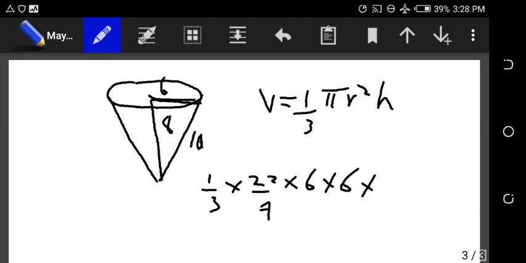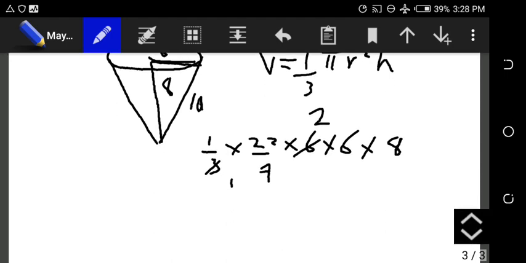Then times the height h, and our h is 8. The 3 can cancel, 3 here and 3 here, that will give us 2. Nothing can divide further, so we'll multiply through 22 times 2 times 6 times 8.